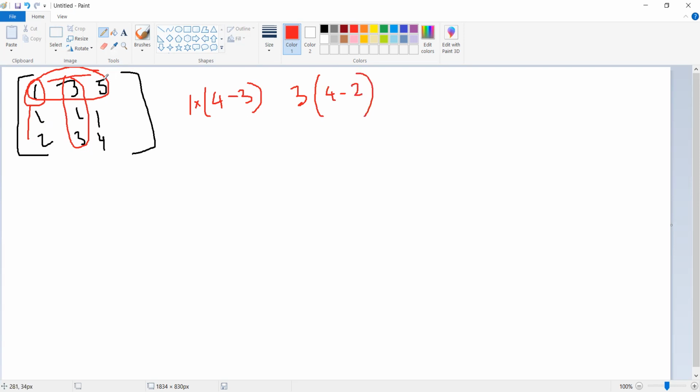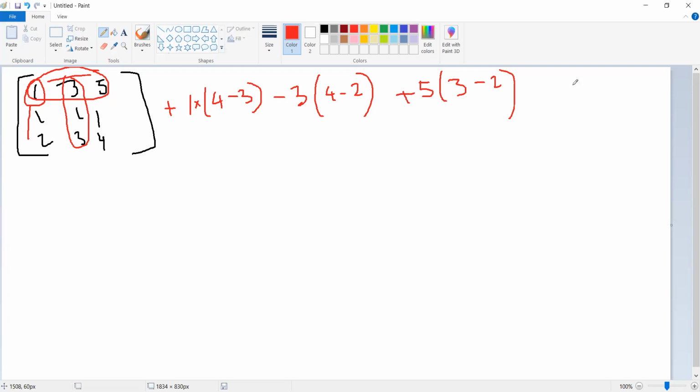Now the third value, 5, and its first row and third column are hidden. So now you get 1 into 3 is 3, minus 2 into 1 is 2. This is how you create it. Then you put signs alternating: plus, minus, plus.